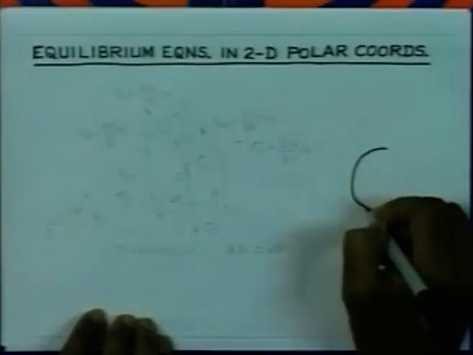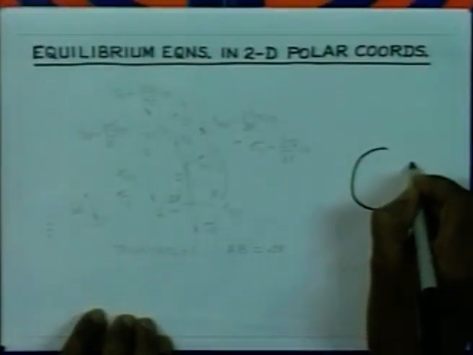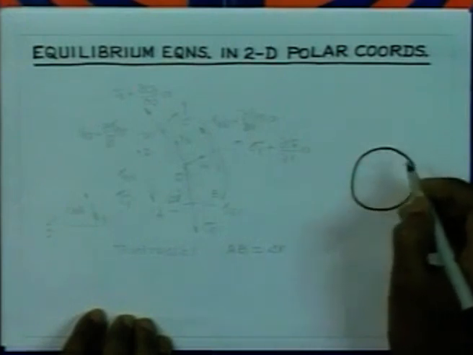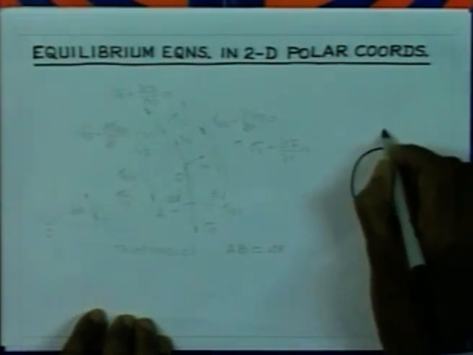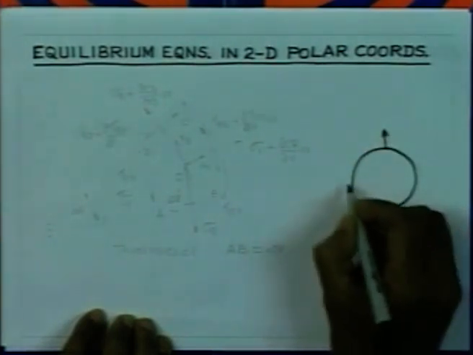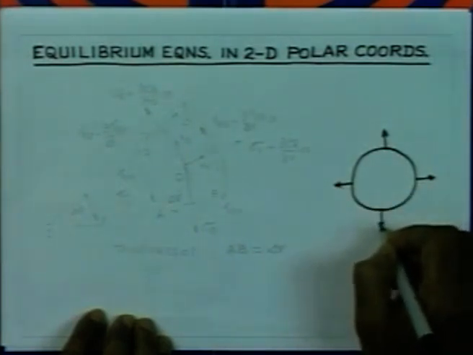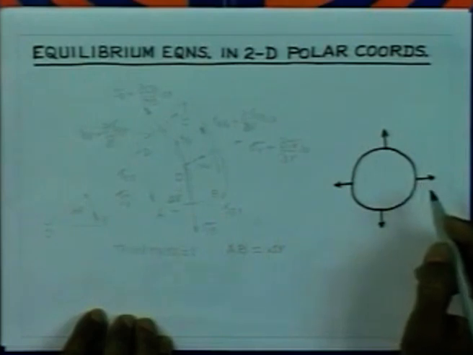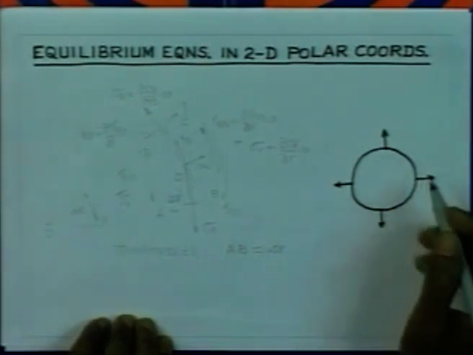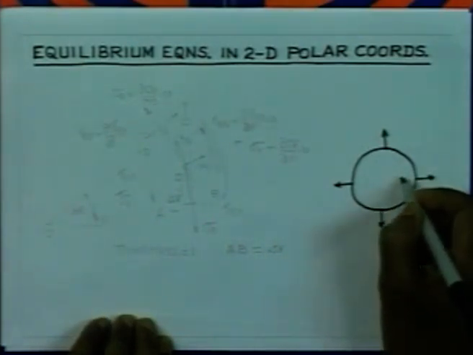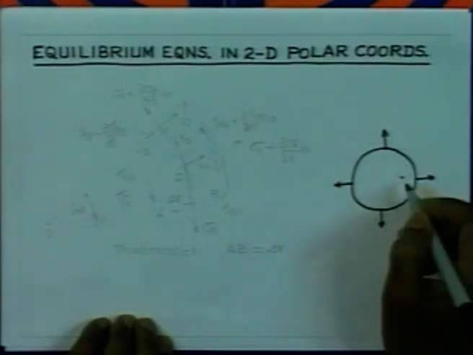So, under the action of the loading, if you have a disc, it will undergo the deformation, and the loading is going to maintain equilibrium of the whole body, and therefore, at any point, if you consider a small element, that is also going to be in equilibrium.